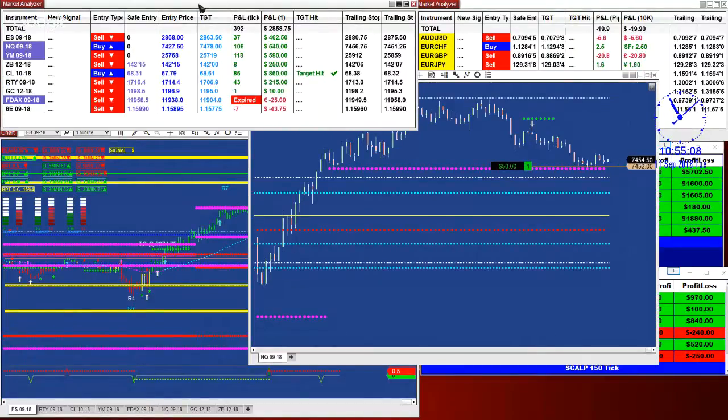We have 37 ticks on the ES, 108 on the Nasdaq based on the last entry signal, and the YM is 117 ticks. It's not letting NinjaTrader examine the chart, so I'm going to try to open a new chart and see if we can get away with it.